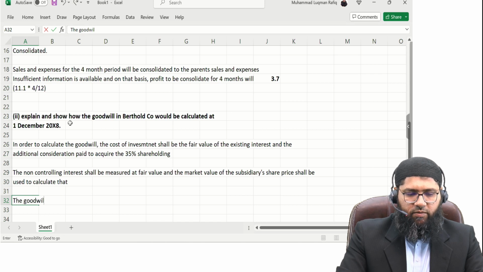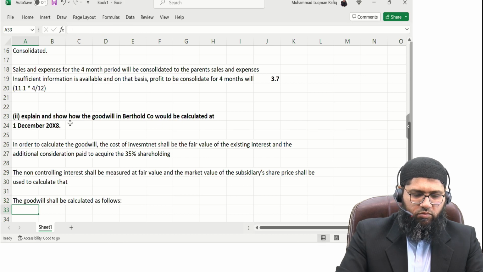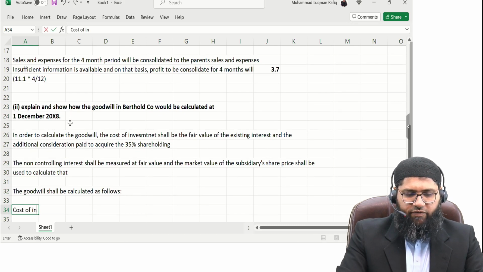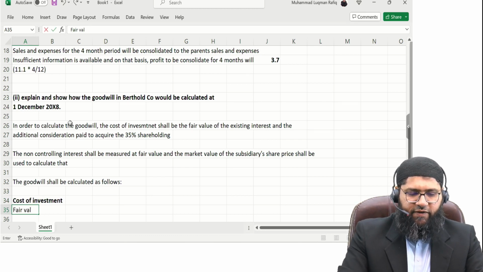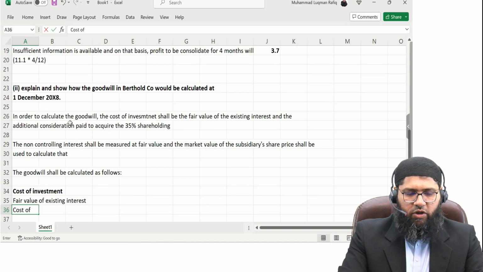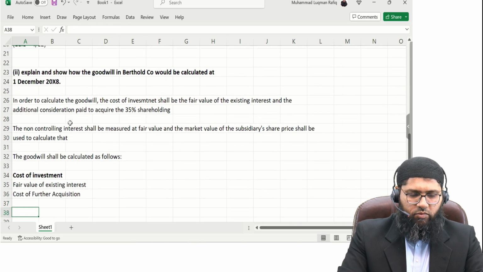The goodwill shall be calculated as follows. Cost of investment: the fair value of existing interest. Cost of further acquisition.